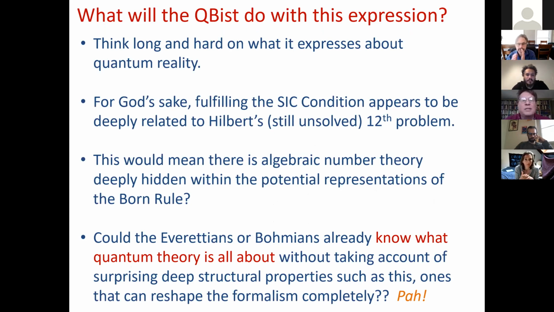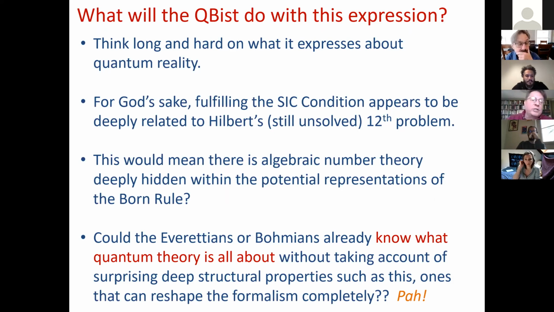And the surprise, and the happy surprise, is, for God's sake, fulfilling the SIC condition appears to be deeply related to Hilbert's still unsolved 12th problem. So this also means that the SIC problem, this re-expression of the Born rule, would mean that algebraic number theory is deeply hidden within the potential representations of the Born rule.